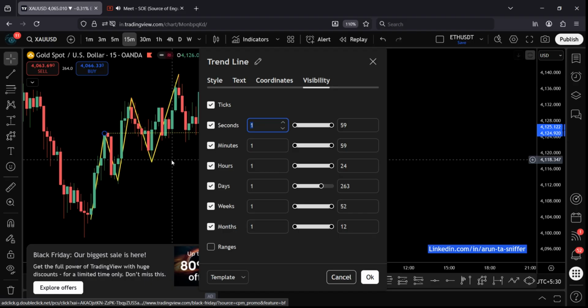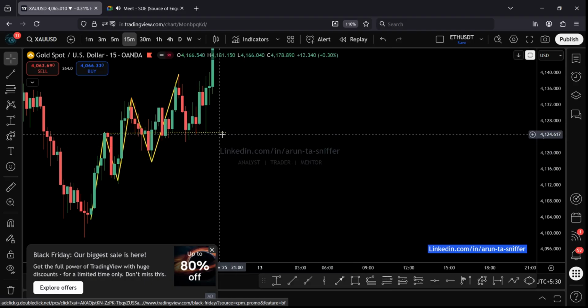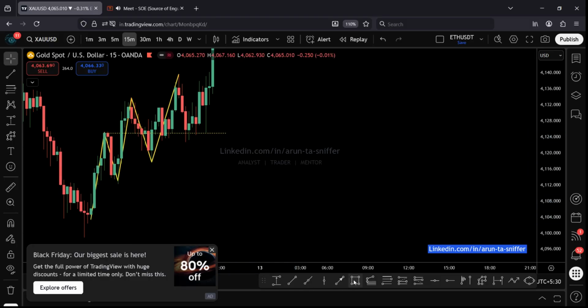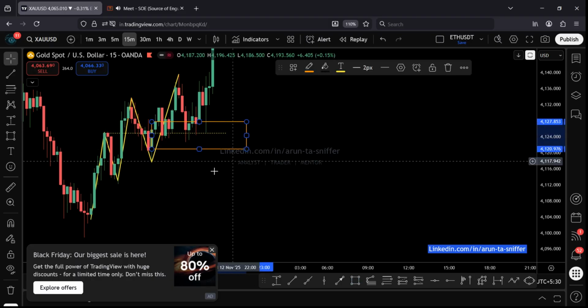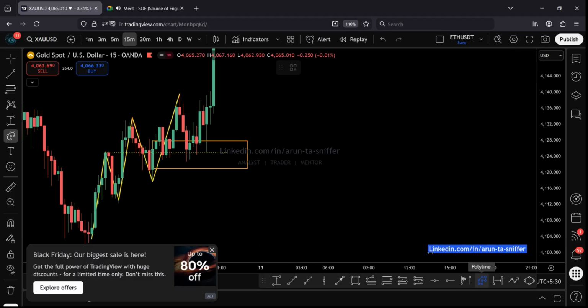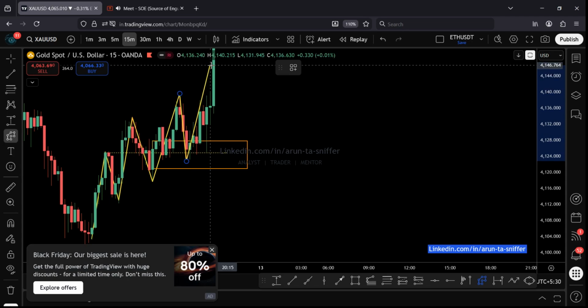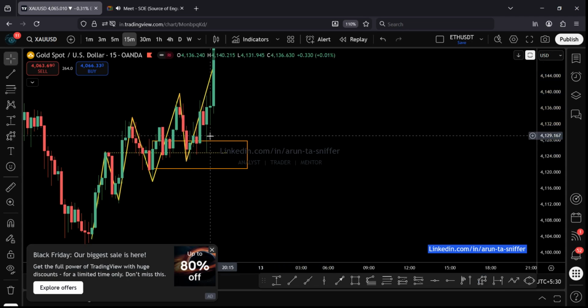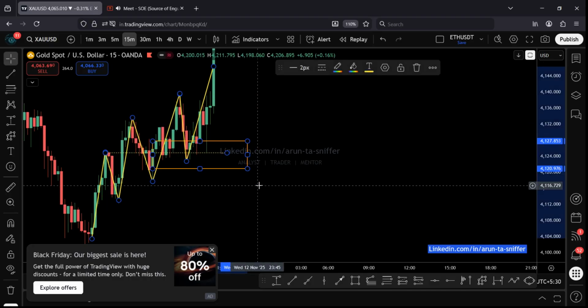Look at this, right? At the first one. Price goes up and then comes back to the LS of the first one and then goes up again.